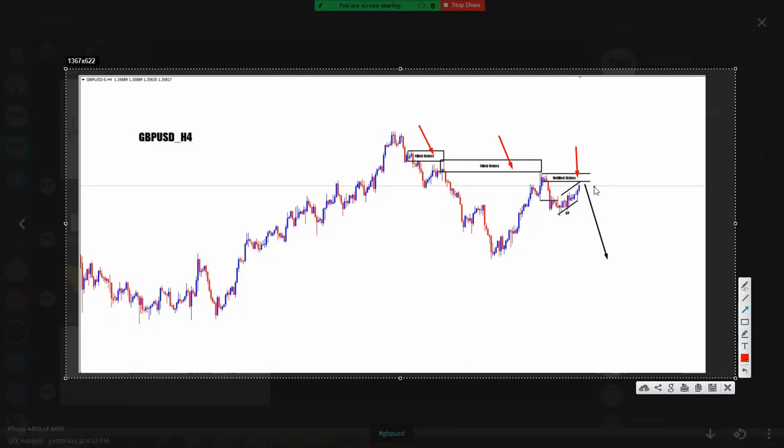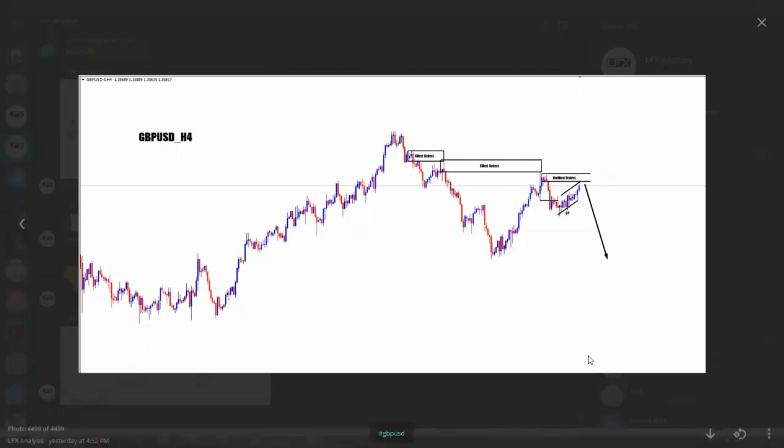So right here is where we picked out our re-entry setup. And as you can see, we're looking for price to drop. And I think it's already dropping in profit.